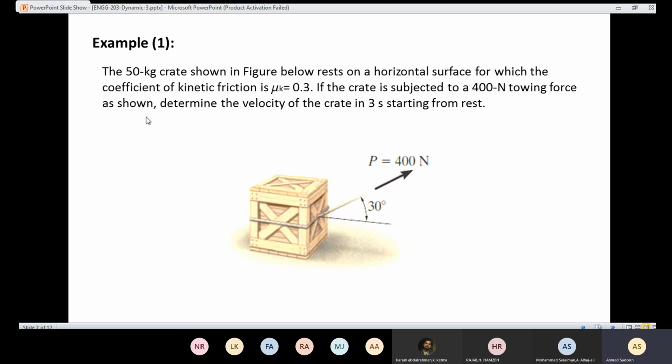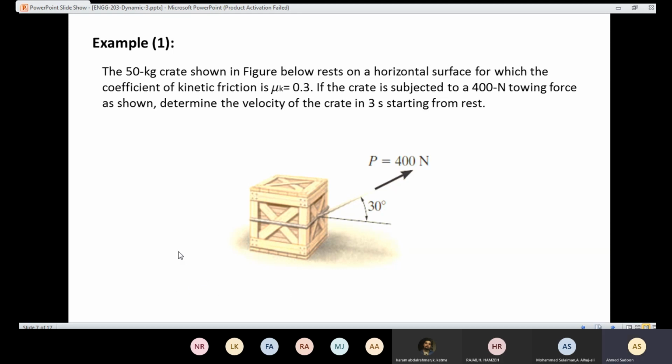We need to know the velocity of the crate, of that box, in 3 seconds starting from rest. So we need to know the velocity of the box after 3 seconds from applying that force. And remember that the crate is going to move from rest. That means the initial velocity for that crate is 0.